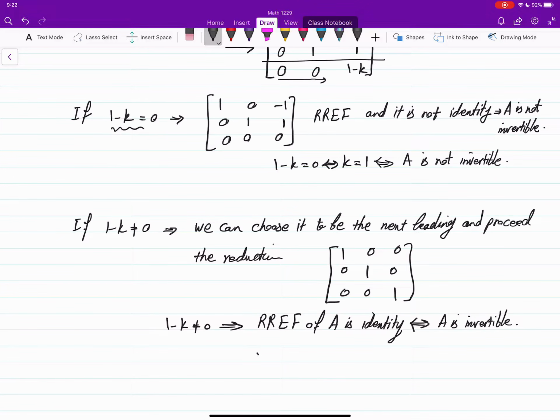So for any k which is not 1, A is invertible.